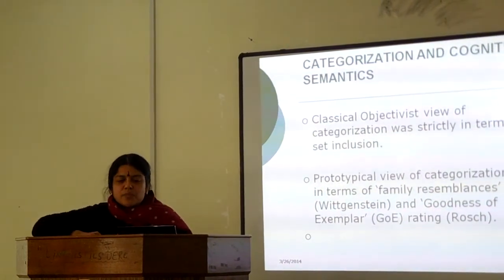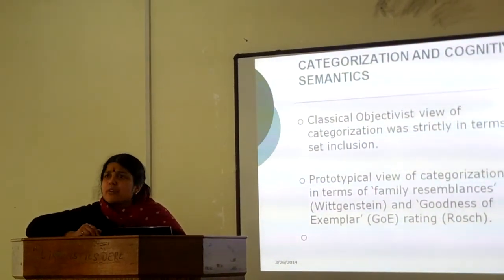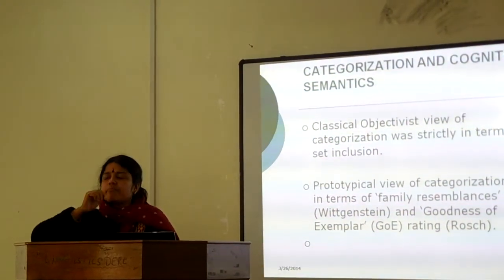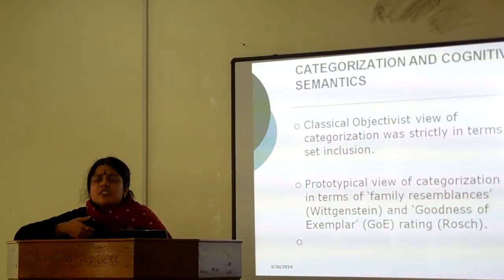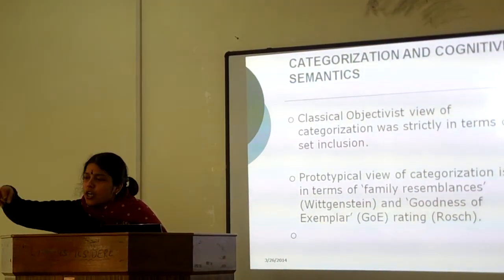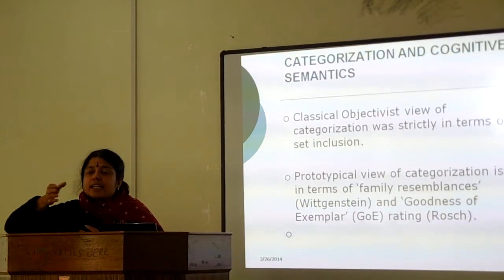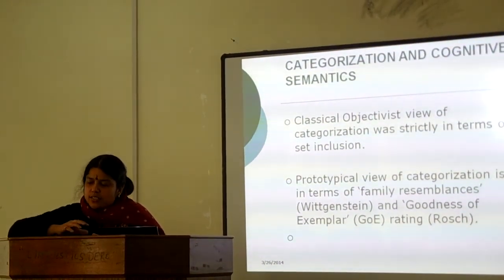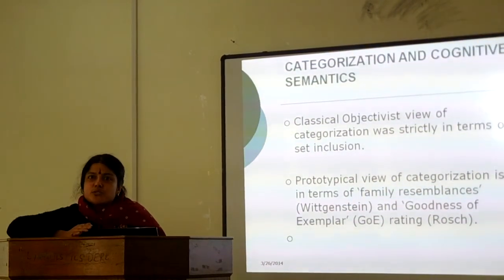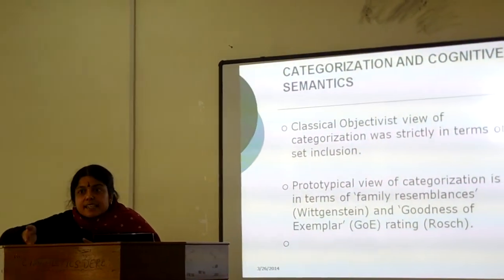All this started from the way we understand categorization, because categorization is one basic cognitive ability which human beings use. From the very childhood, we sort out things, we categorize. Categorization is used in a way that we relate or match our previous experiences to new experience and then categorize.